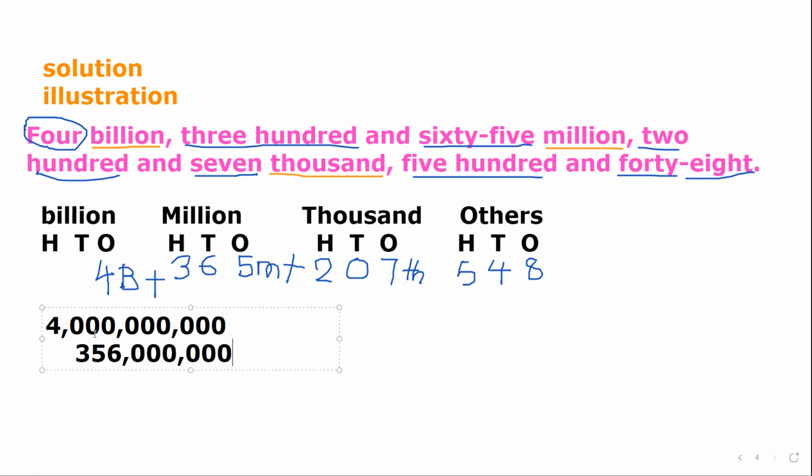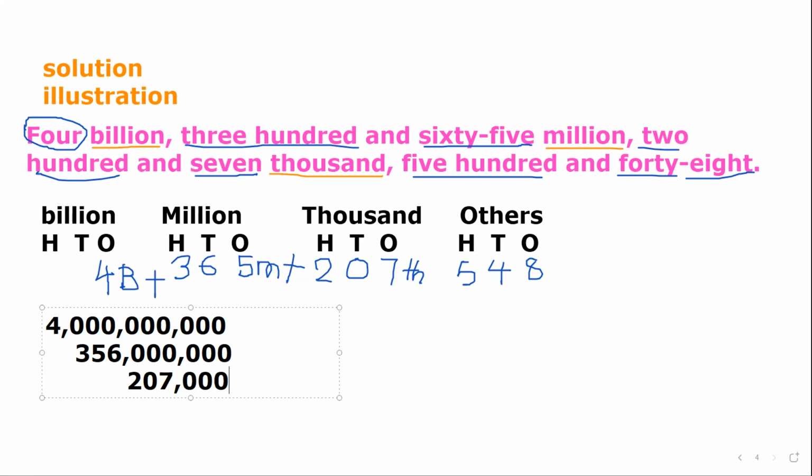Good. And then the thousand possesses 3 zeros. For the thousand we have the 207, then the 3 zeros here.